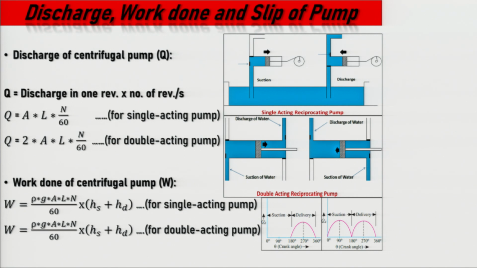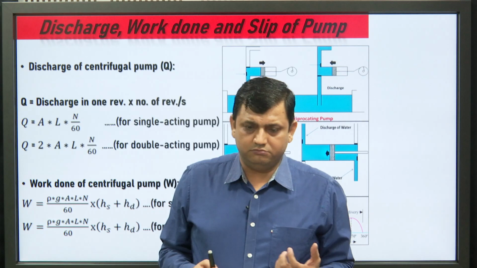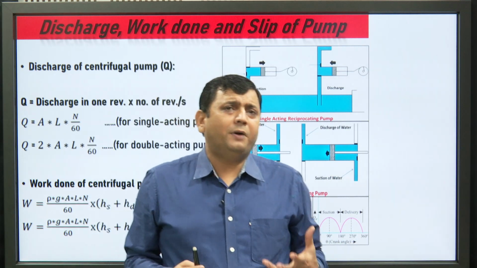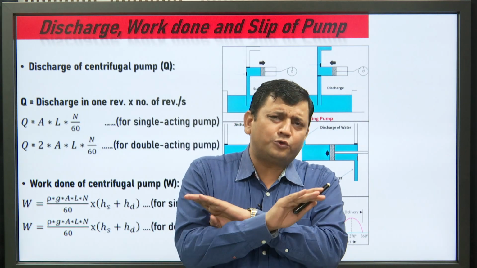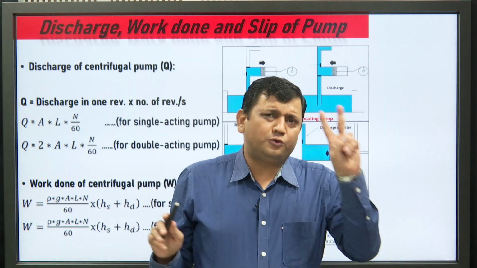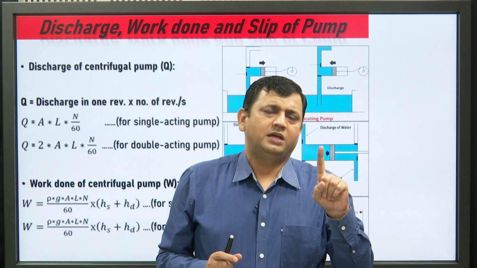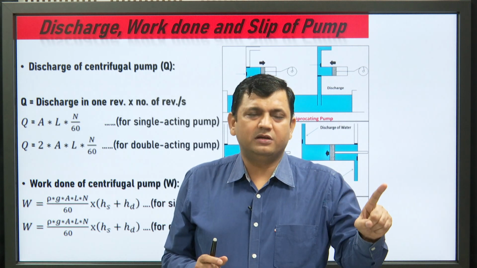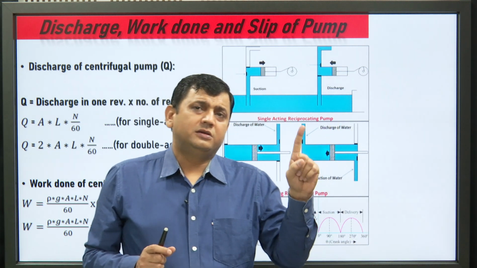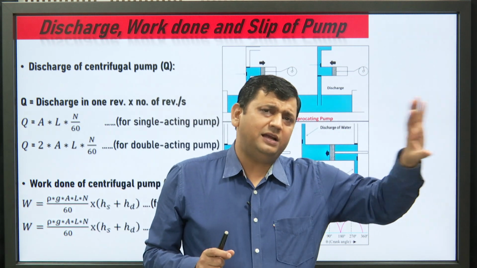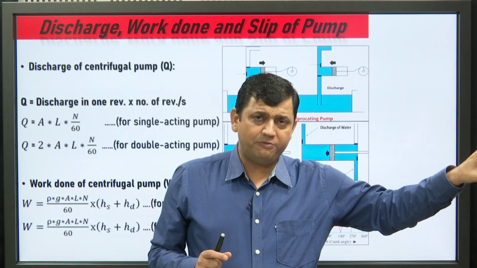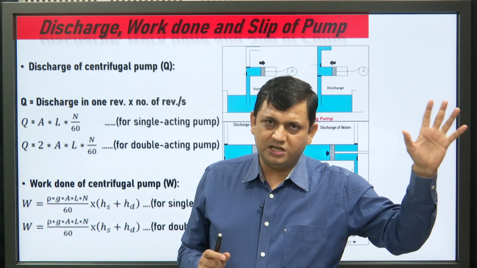In the first lecture we described the real objective of pumps. In the rotodynamic category, two types of machine exist: one is power producing, another is power absorbing. All types of turbine come under power producing.